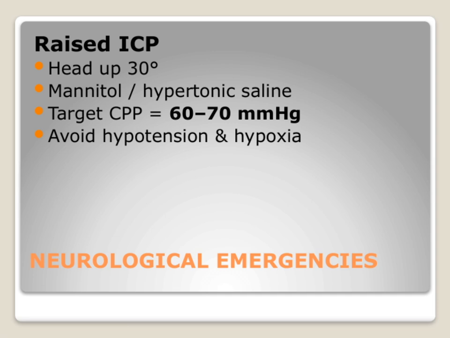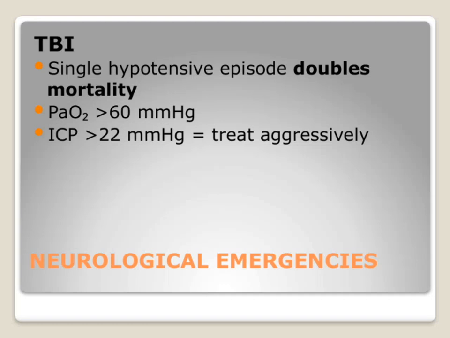Maintaining stable blood pressure and oxygen levels is key to optimizing outcomes. Remember, these interventions are part of the broader management of neurological emergencies, where rapid, targeted actions can make a significant difference in patient recovery.